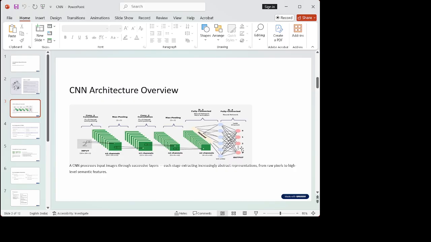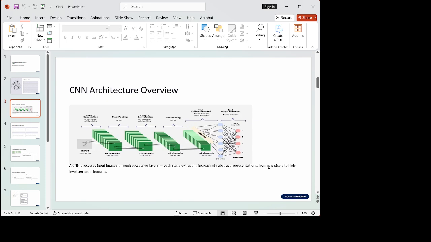The most common concept is feature hierarchy. Initially, the network receives raw pixels. The early layers learn simple patterns. As we move into deeper layers, the representations become increasingly abstract.